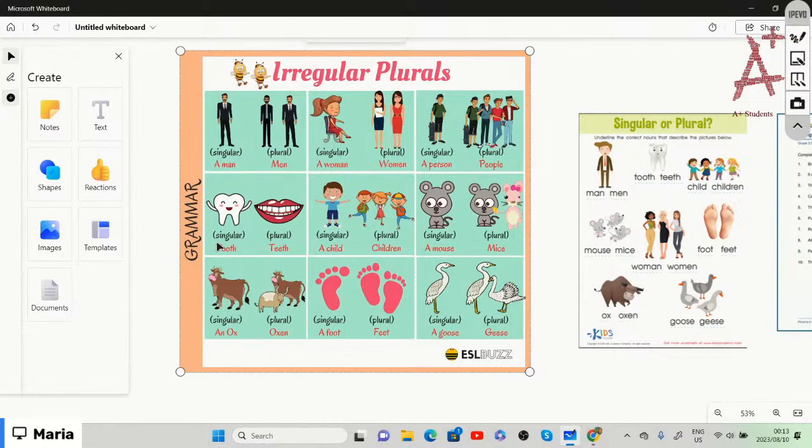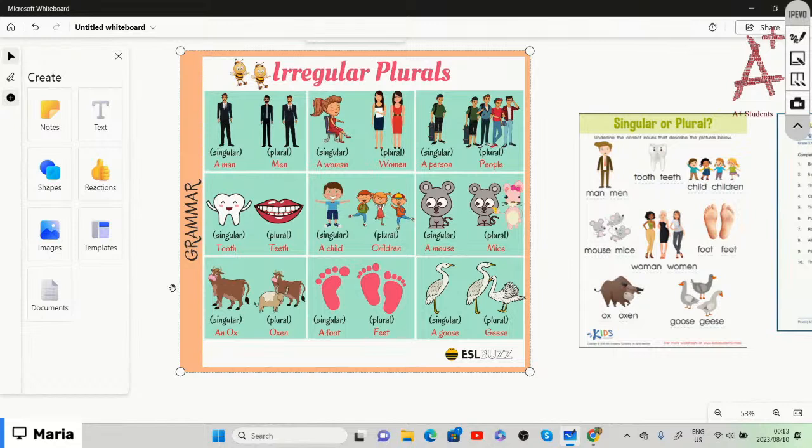Then we have foot, one foot, and 2 feet. It's almost like the tooth and teeth. And then we have a goose, one goose, but more than one geese.